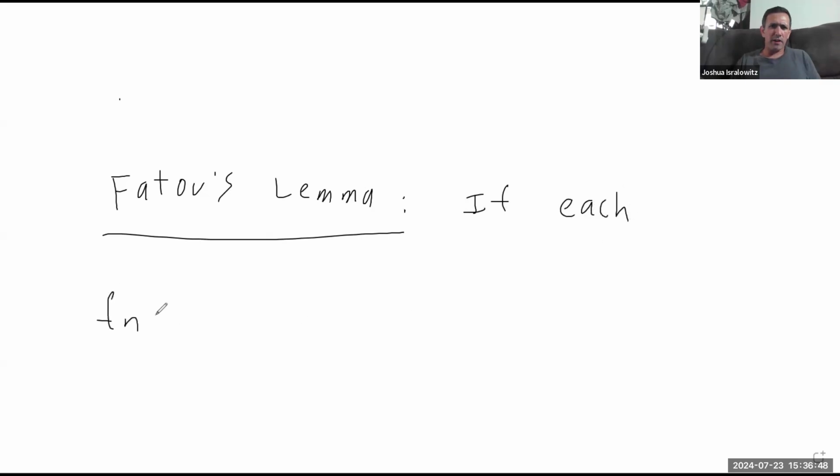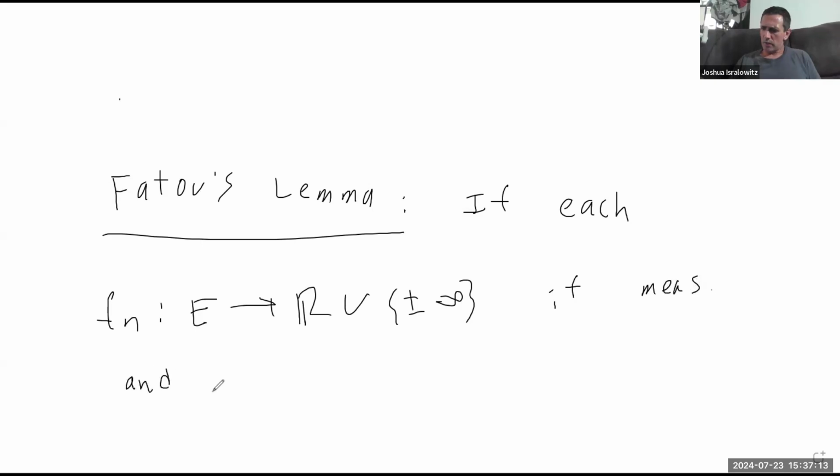If each Fn is a generalized real valued function, so it could spit out plus or minus infinity, we want these to be measurable and non-negative. It could possibly spit out plus infinity when I say non-negative.